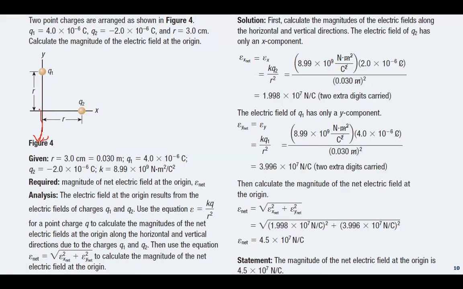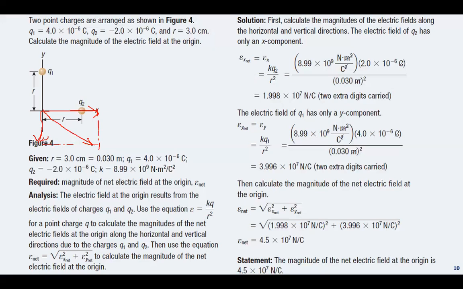Then the electric field due to Q2 should be pointing this way. So according to vector addition, the net electric field strength should be this vector here, right?